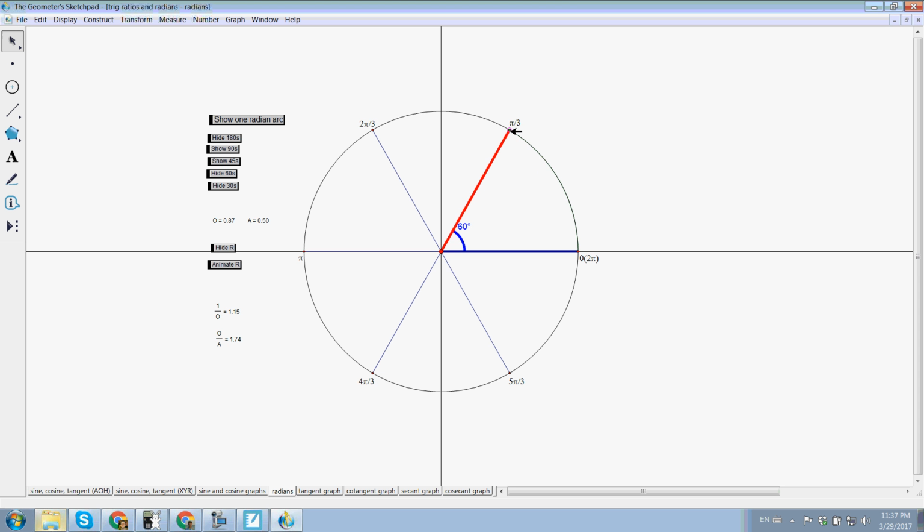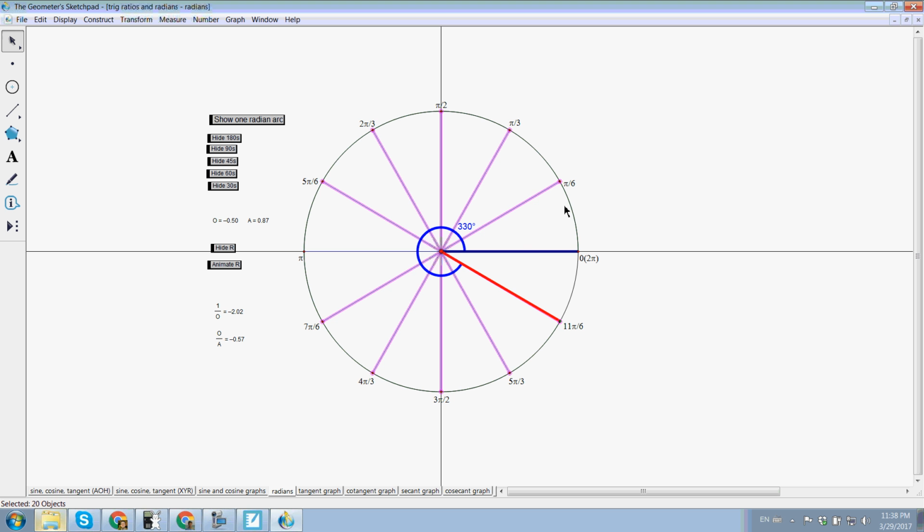This would be 2 pi sixths, 3 pi sixths, 4 pi sixths, 5 pi sixths, 6 pi sixths, which is pi, 7 pi sixths, 8 pi sixths, 9 pi sixths, 10 pi sixths, 11 pi sixths. There's every multiple of 30 degrees.